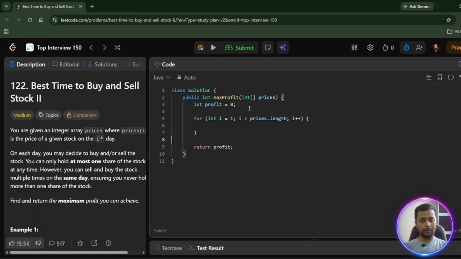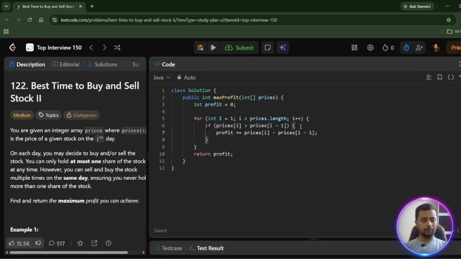Remember what we did, we basically need to determine if on this particular day the stock price is greater than what it was on the previous day. As simple as that. So if prices of i, which is the current price, is greater than prices of i minus 1, then I will simply say that I have made a profit, which will be equal to prices of i, the current stock price, minus the stock price on the previous day.